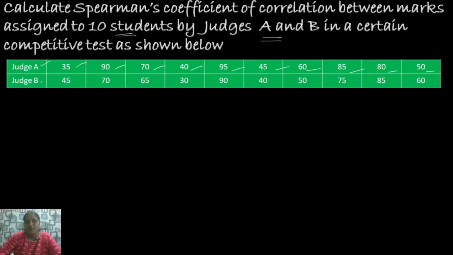And for Judge B as 45, 70, 65, 30, 90, 40, 50, 75, 85 and 60. Look at here, instead of ranks, the actual values are given. So first we are going to assign them rank and then we calculate Spearman's correlation coefficient.